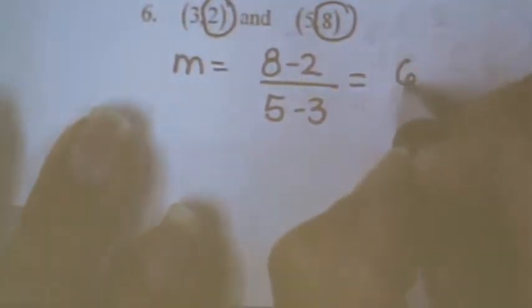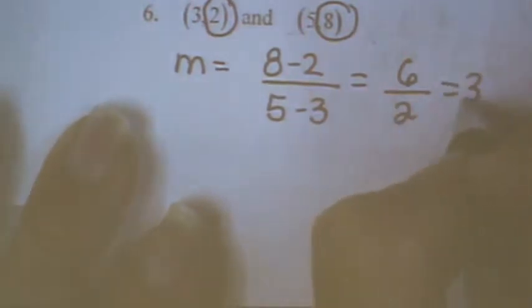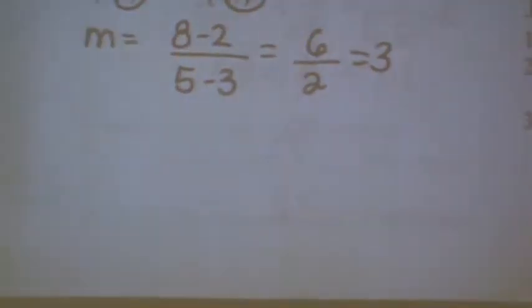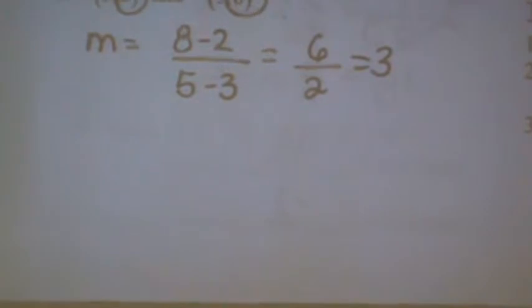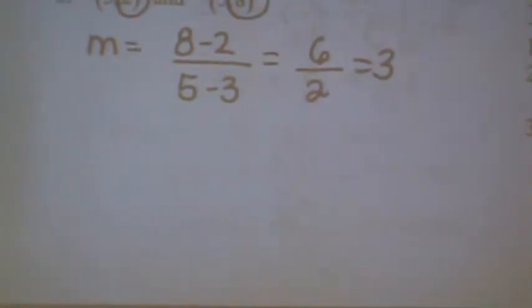I would do 8 minus 2. And then that would mean I'd have to do 5 minus 3. So what is 6 over 2? It's 3. Correct? Now, what's the formula I just talked about? It's called point slope. I can pick one of these points, whichever one I prefer, and stick it into that formula, which I like too. Anyone else?